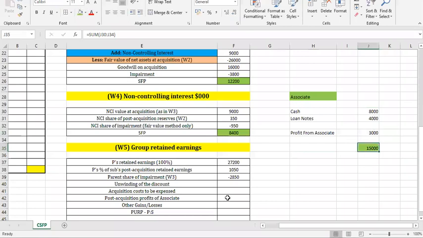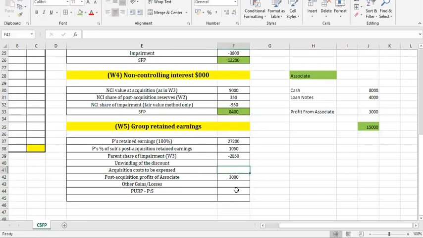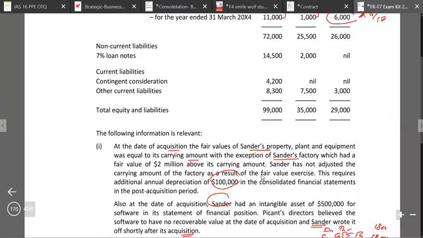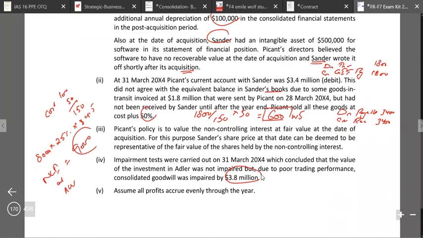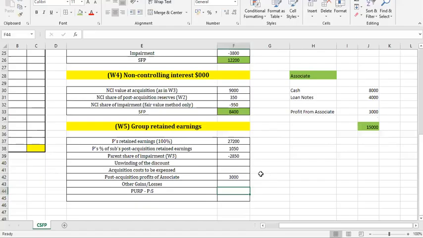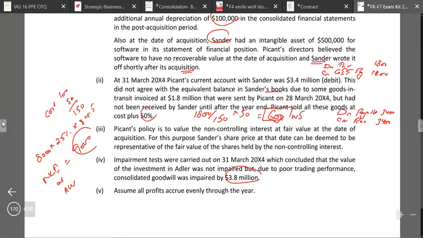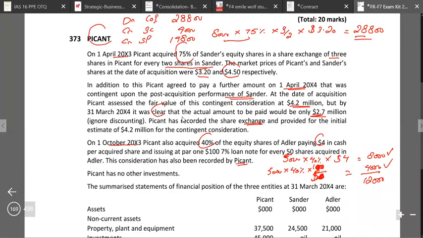Yeah, so we'll be taking associate profit here, which will be 3,000. Fine. And there's no unwinding, there's no acquisition cost. There is the unrealized profit, which we have calculated, which was 600. So we'll be deducting minus 600 over here. And there is one more thing, which was the gain on contingent consideration.